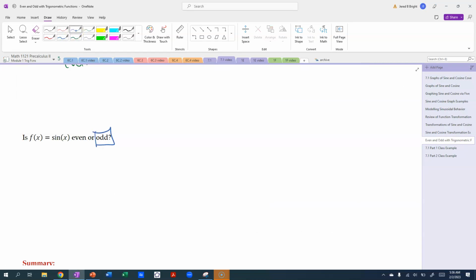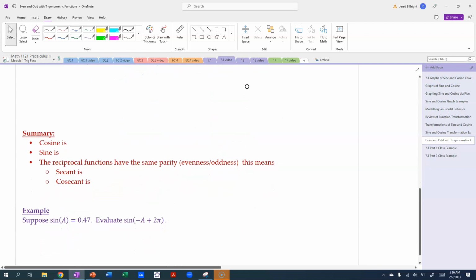Okay, and so if we were to evaluate, say, sine of negative x, again, that negative just comes out in front of the whole thing, and I evaluate sine of x after that. Okay, so conclusions. Cosine is even. Sine is odd. And actually there's a property that says the reciprocal functions have the same parity.